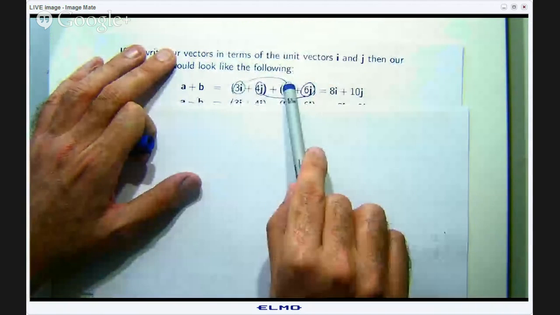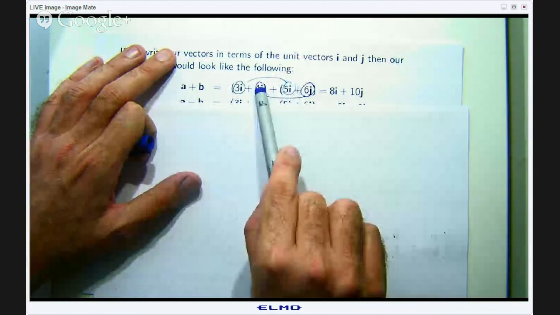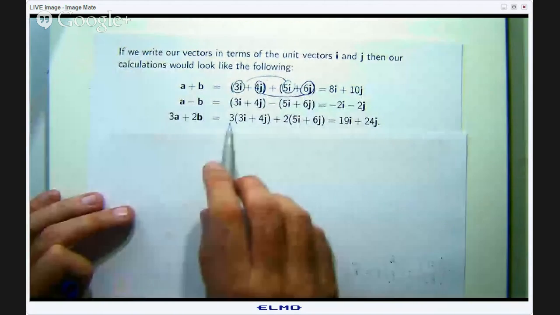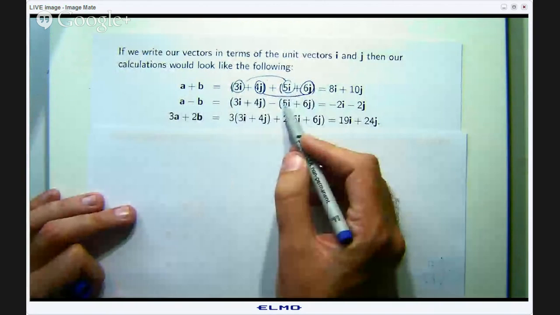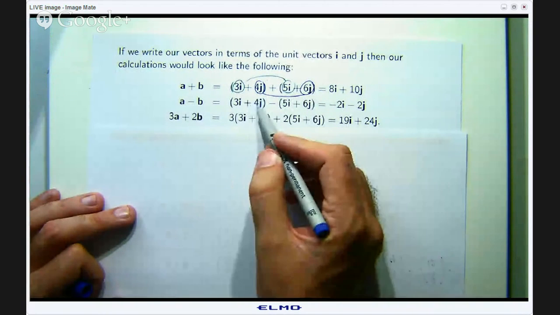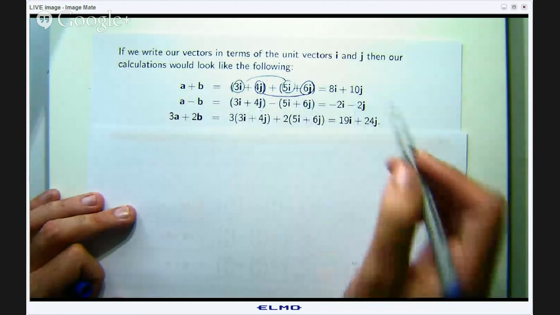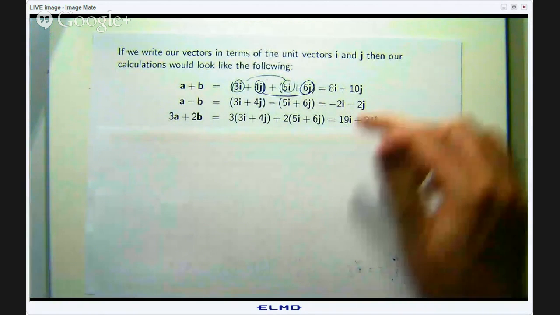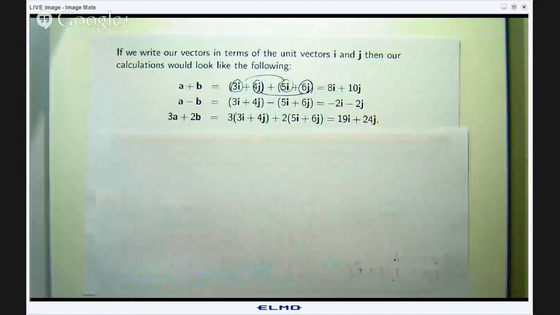So 3i plus 5i is 8i, 4j plus 6j is 10j. Same with the other two cases. 3i minus 5i is negative 2i. 4j minus 6j is negative 2j. You keep on going. So here I've used the i's and j's.